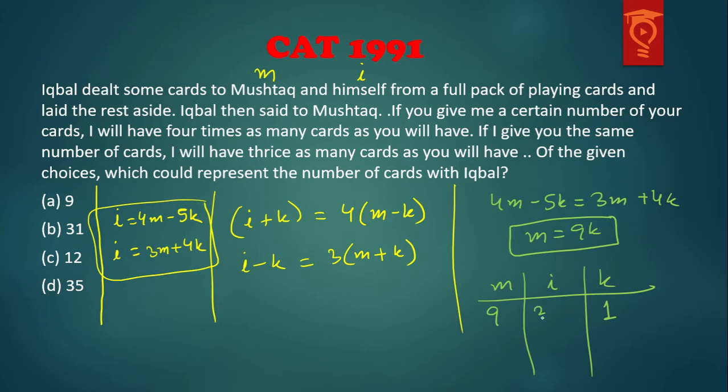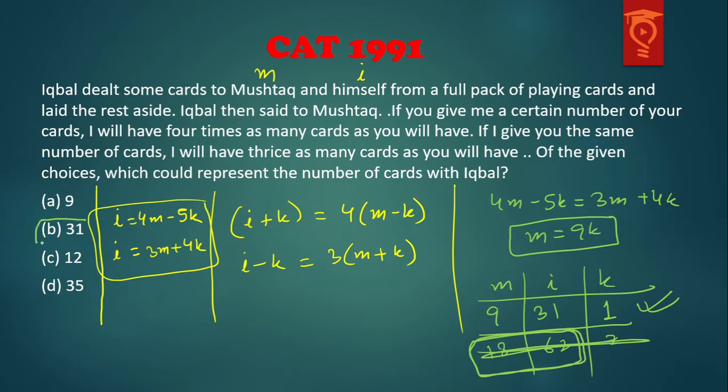Now if I make K equal to 2, all these numbers will be doubled, and then the number of cards between Mushtaq and Iqbal would be 80. That is not possible because the total number of playing cards in the pack is just 52. So I think we have to be satisfied with one pair of numbers for M and I, and this gives me a possible value of I as 31.